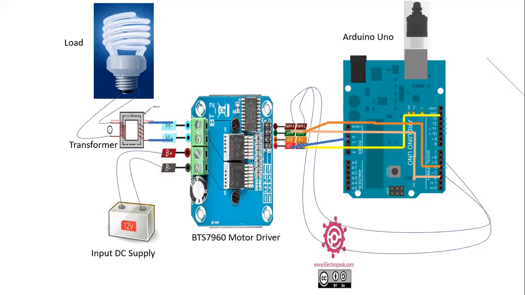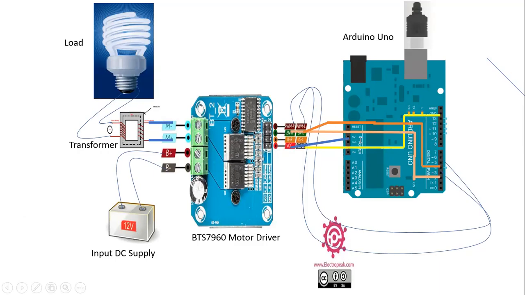In the next slide, we can see the connections made in our project. The Arduino Uno board is connected to the BTS 7960 motor driver. The PWM pins of the motor driver are connected to the subsequent PWM pins of the Arduino Uno board, 3 and 6, as shown, and VCC and ground of the motor driver are connected to the 5 volt and ground of the Arduino Uno.